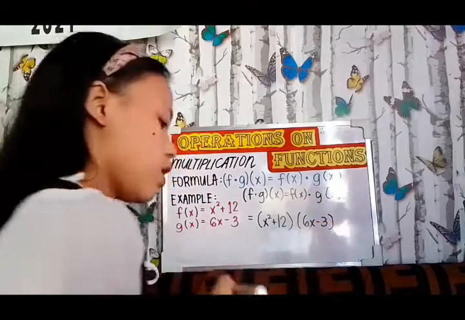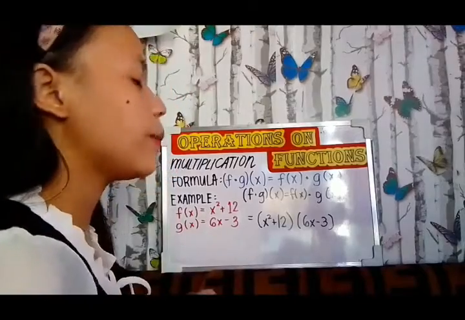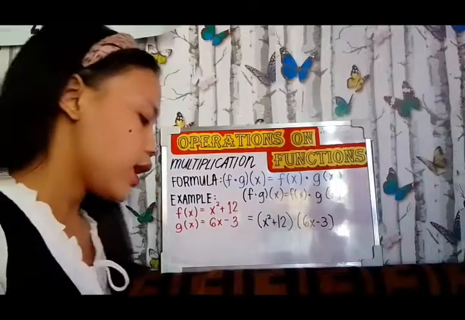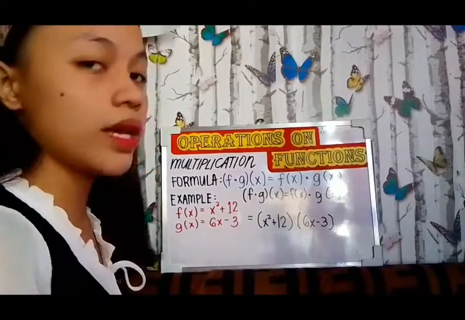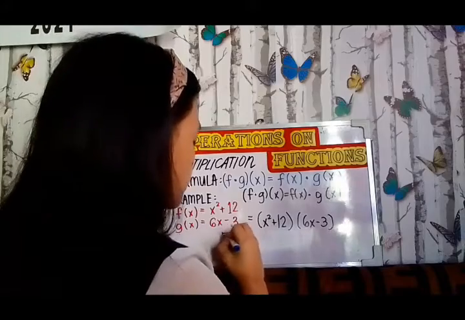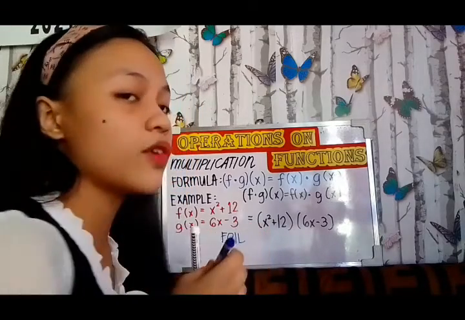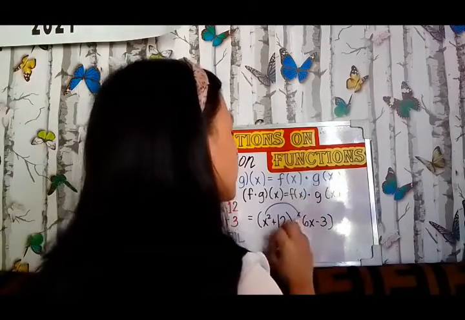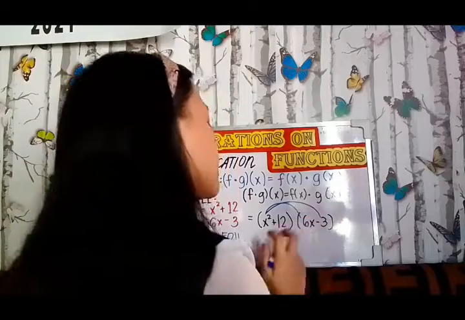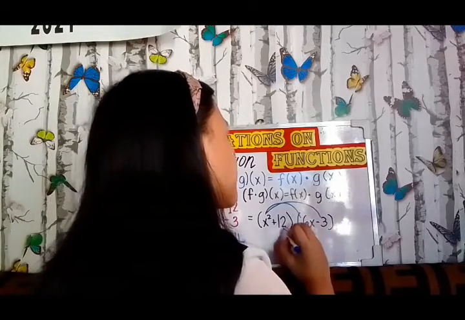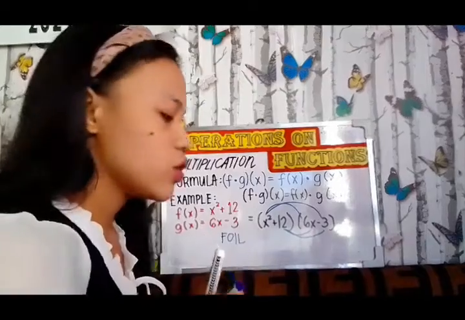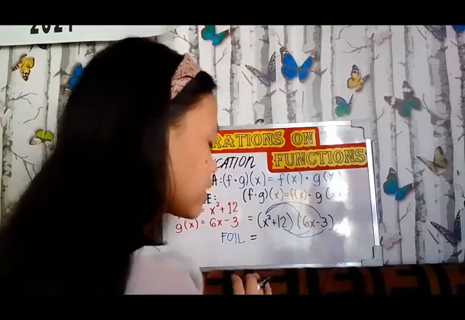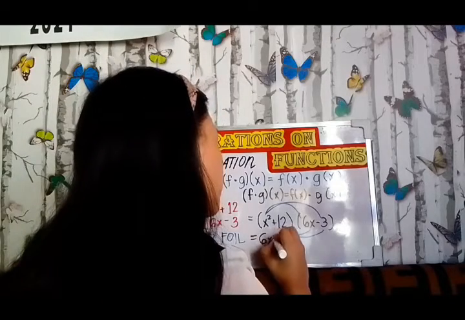Depending on the example, we may use different ways to solve. For this one, we use the FOIL method, which means first, outer, inner, and last. So it's x squared times 6x, and x squared times negative 3, then 12 times 6x, and 12 times negative 3. x squared times 6x is 6x cubed.